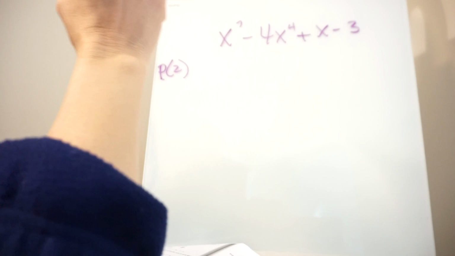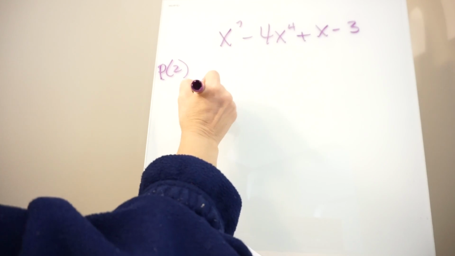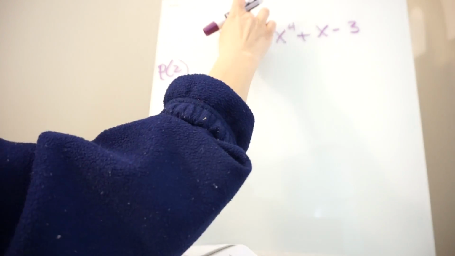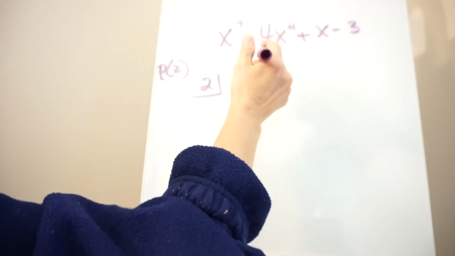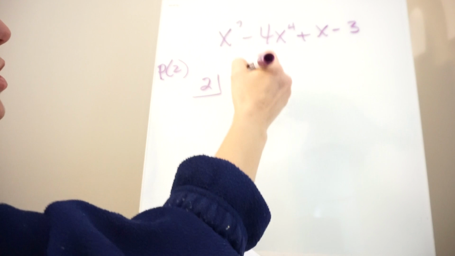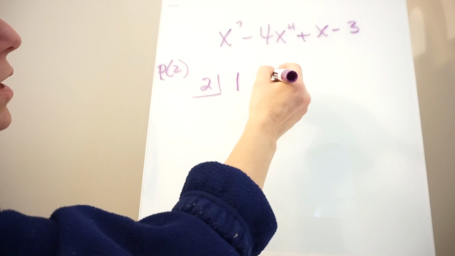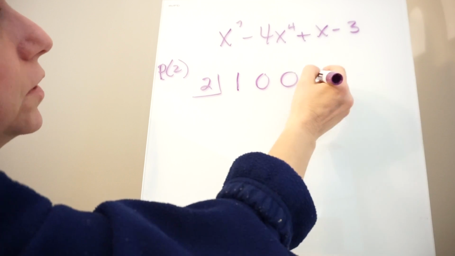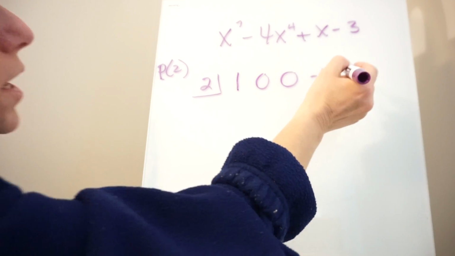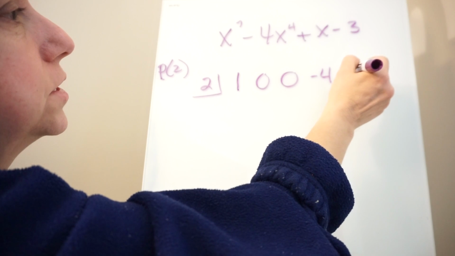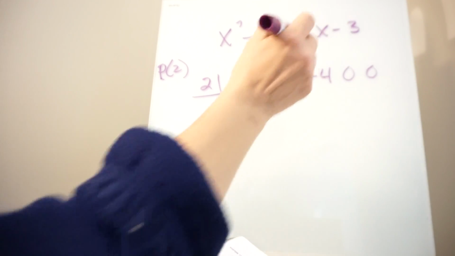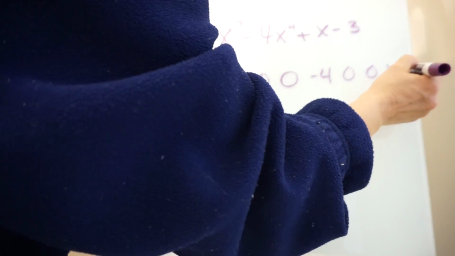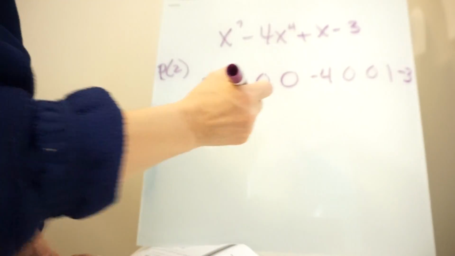All right, so again, synthetic division. We have the 2. We have x to the 7th, so we're missing the 6th and 5th, and the 3rd and 2nd, so we have to put the zeros in. So the coefficient for x to the 7th is 1, x to the 6th is 0, x to the 5th is 0, x to the 4th is -4, x to the 3rd is 0, x squared is 0. I should have left myself a little more room. x is 1, and the constant is -3.